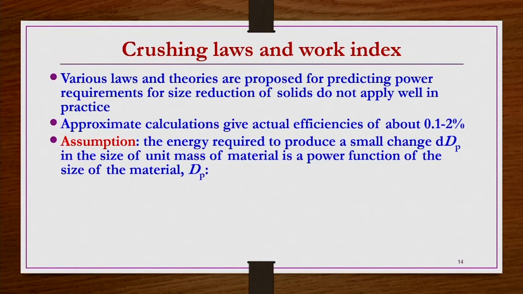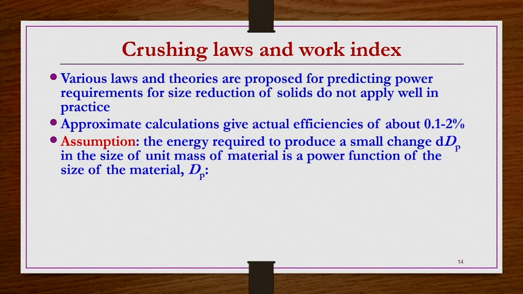In deriving these crushing laws there are assumptions, but there is one common assumption. That assumption is that the energy required to produce a small change dP in the size of unit mass of material is a power function of the size of the material dP. Let us say initially the average size of the particles is dP. You want to reduce its size by a small change dDP.